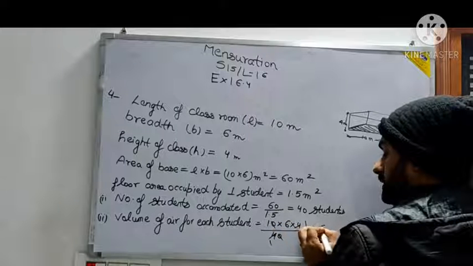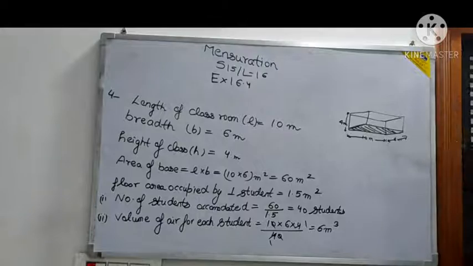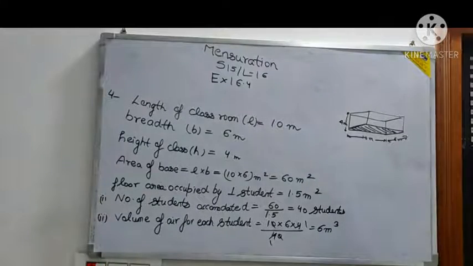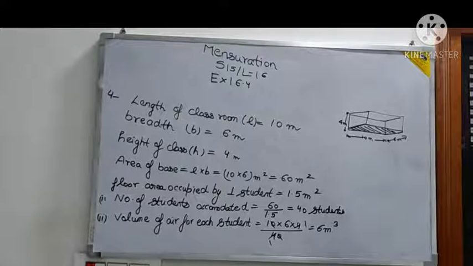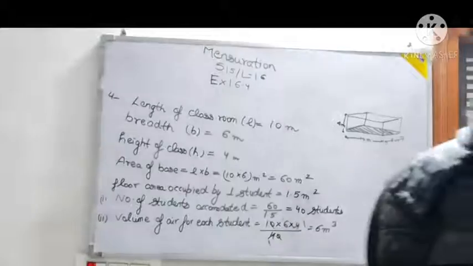So it will be 6 meter cube. The volume of the room is not 6 meter cube. The volume of air per student will be 6 meter cube. So please make a note of the units also that are used in this question.